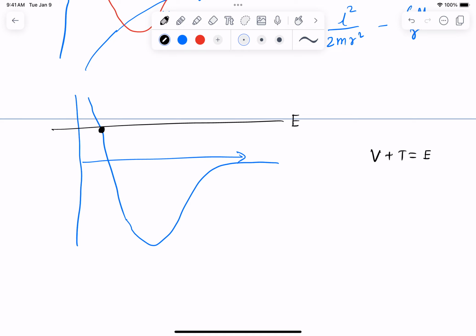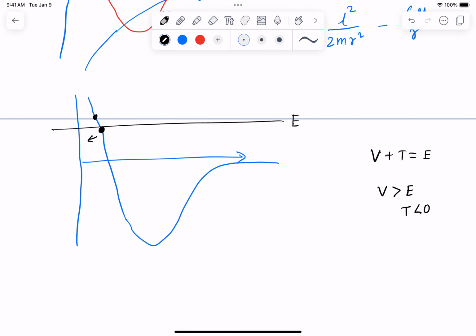Now this object cannot go towards the left. Why can't it go towards the left? Because if it goes towards the left, it has to climb up the potential. So its potential energy will be larger than the total energy, which means that the kinetic energy has to be negative.